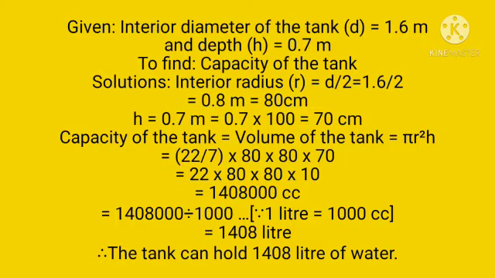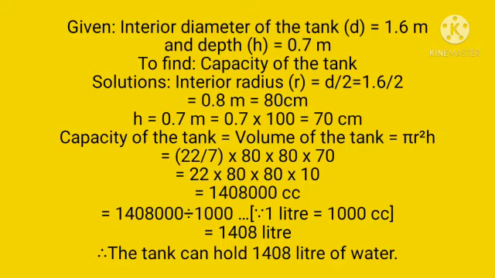Therefore, radius R is half of the diameter, which is equal to 1.6 divided by 2, which is equal to 0.8 meters, which is equal to 80 centimeters, as 1 meter is equal to 100 centimeters. Depth H is equal to 0.7 meters, which is equal to 0.7 multiplied by 100, which is equal to 70 centimeters, since 1 meter is 100 centimeters.